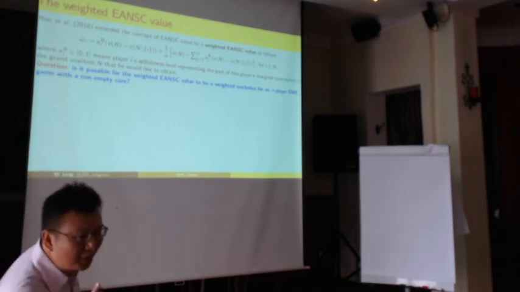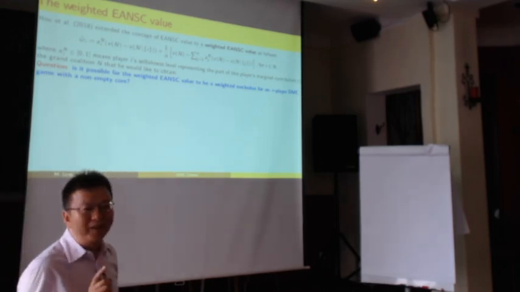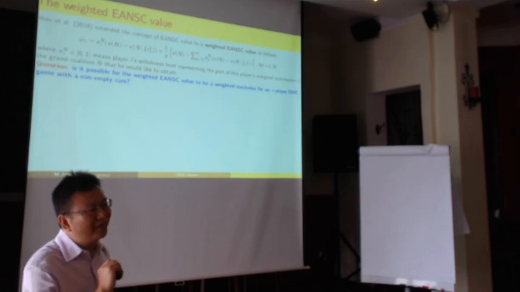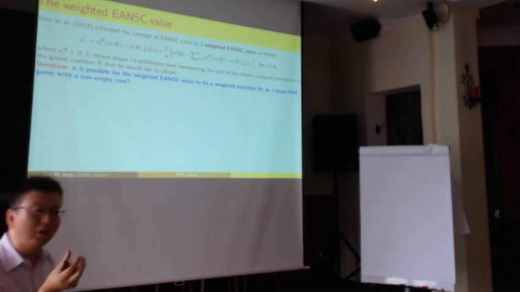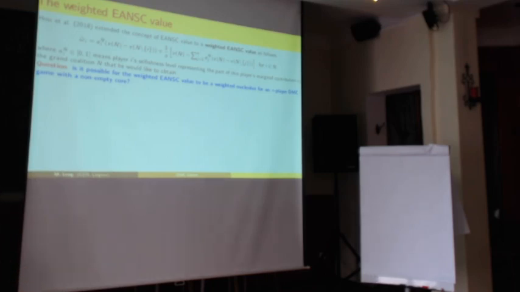Now, in order to address this question, we made some technical changes to the excess. Now this is the ordinary excess. The ordinary excess is the value of x minus the sum of all players' allocations. So here I rewrite this ordinary excess to this expression.